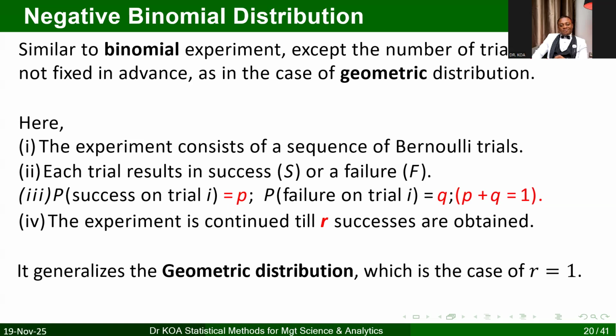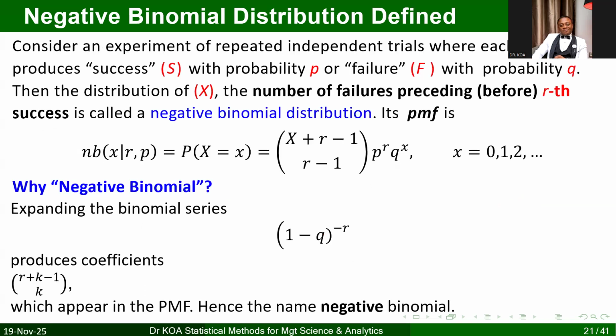You remember that one? It deals with first success. But here it is not dealing with first success; it can go to multiple. Let's take an example, an experiment of repeated independent trials. Each trial produces a success S with a probability of p, a failure F with a probability of q.